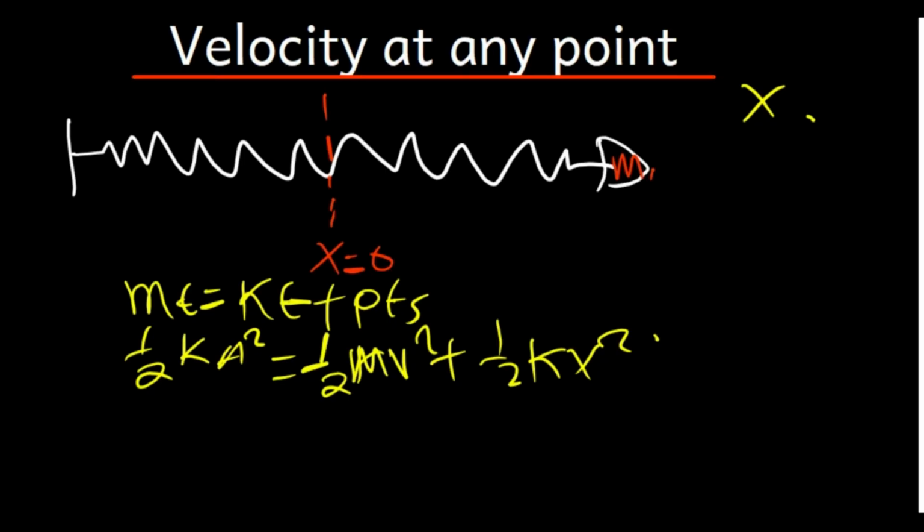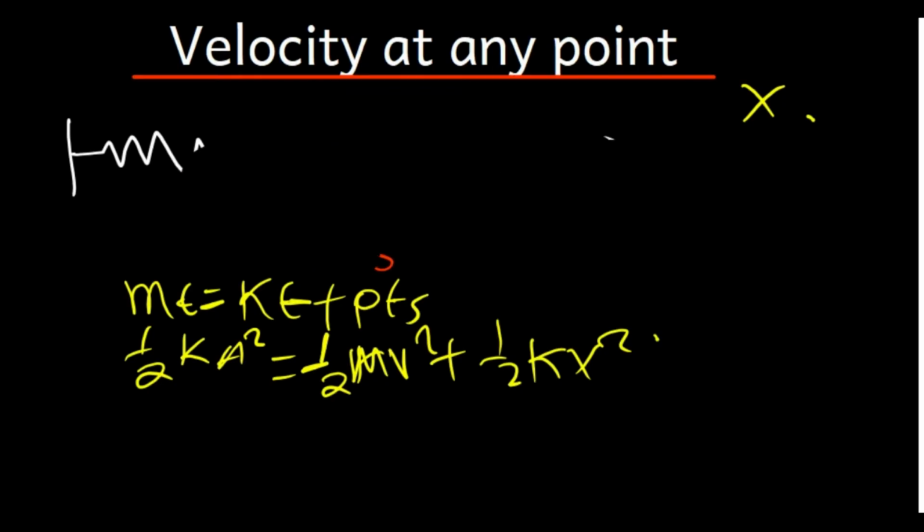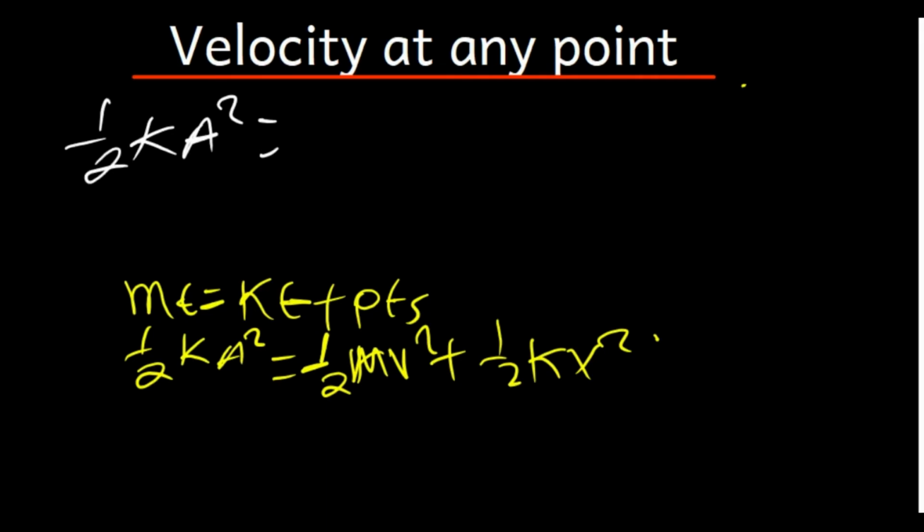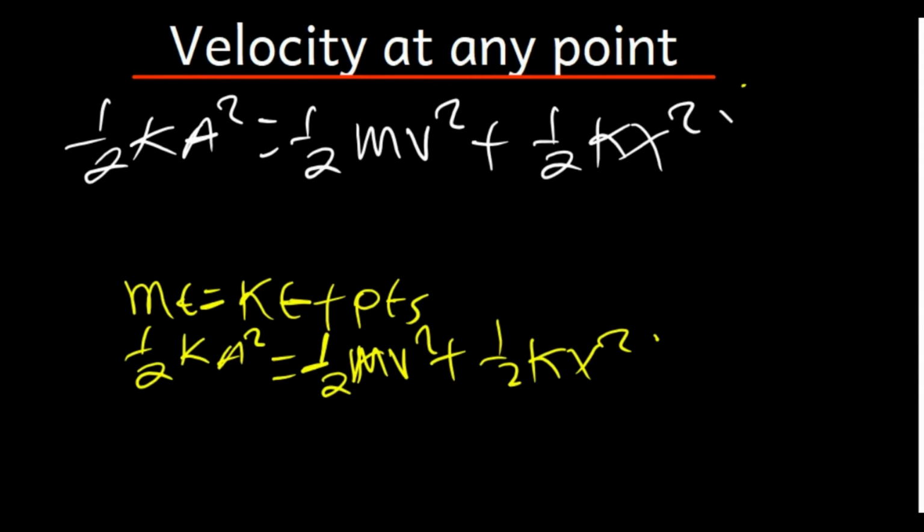Now, we're not going to cancel anything because we are finding the velocity at any point. We are trying to come up with the formula which is going to help us find the velocity at any point, where we have the value of x. So now we have half ka squared is equal to half mv squared plus half kx squared.